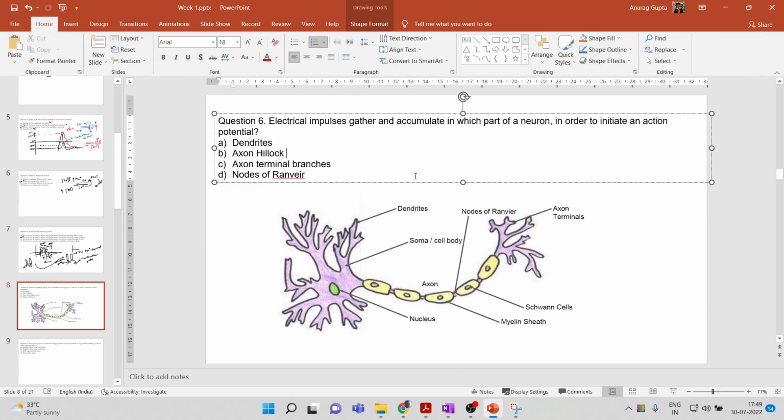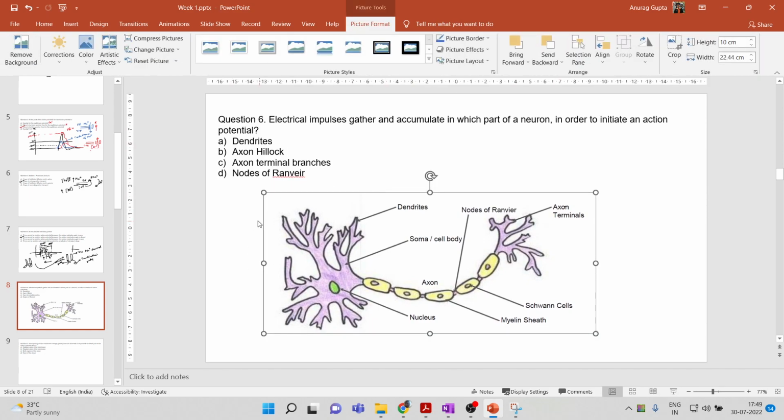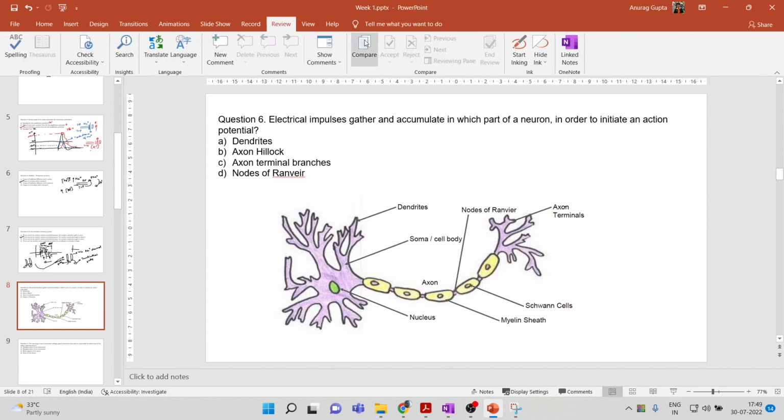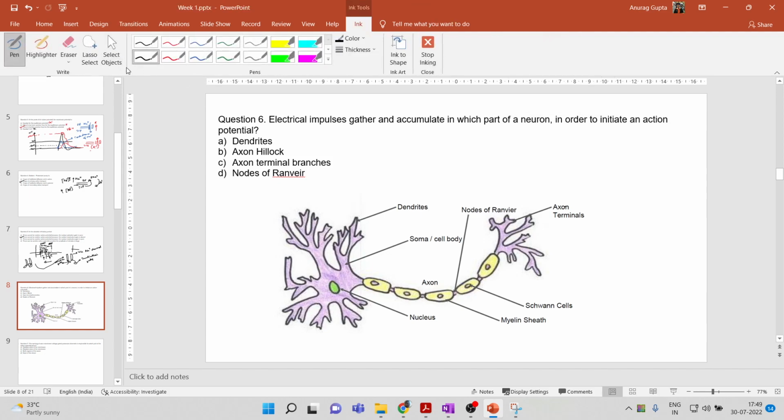Like Sir has already mentioned in the lectures, let's say a stimulus is applied here, then another stimulus just immediately after this. If it keeps happening, there will be an influx of positive ions for sodium, and then this will reach the axon, and this keeps accumulating until threshold is reached and an action potential is generated.